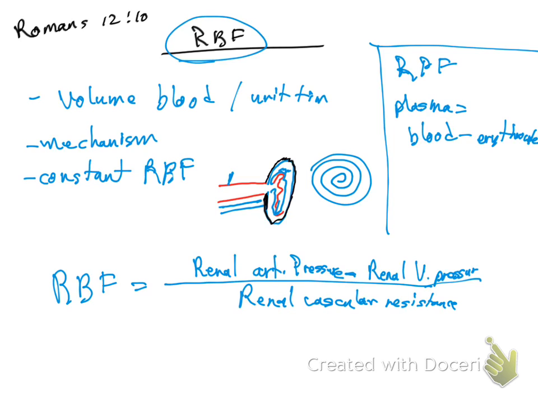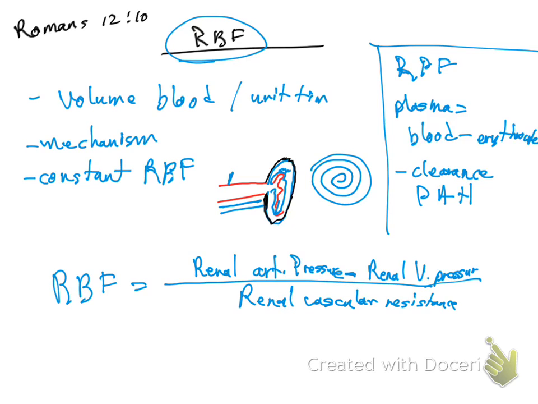This renal plasma flow is easy to calculate using clearances. We calculate the renal plasma flow using the clearance of para-aminohippuric acid.